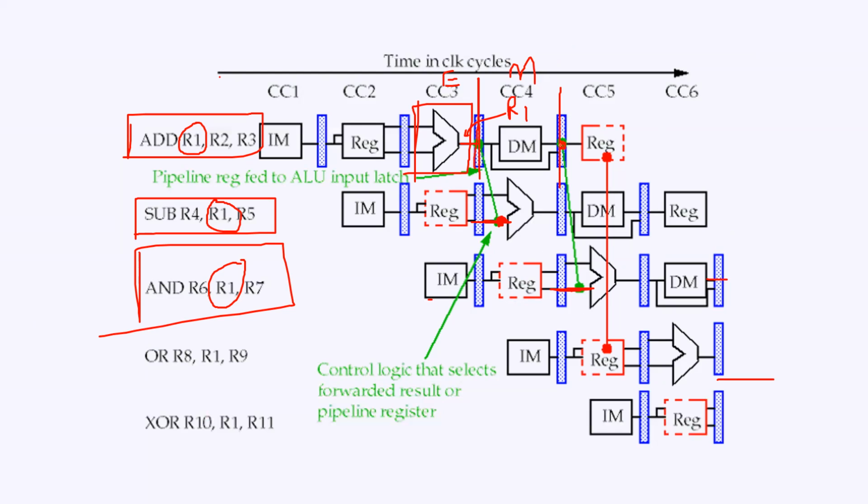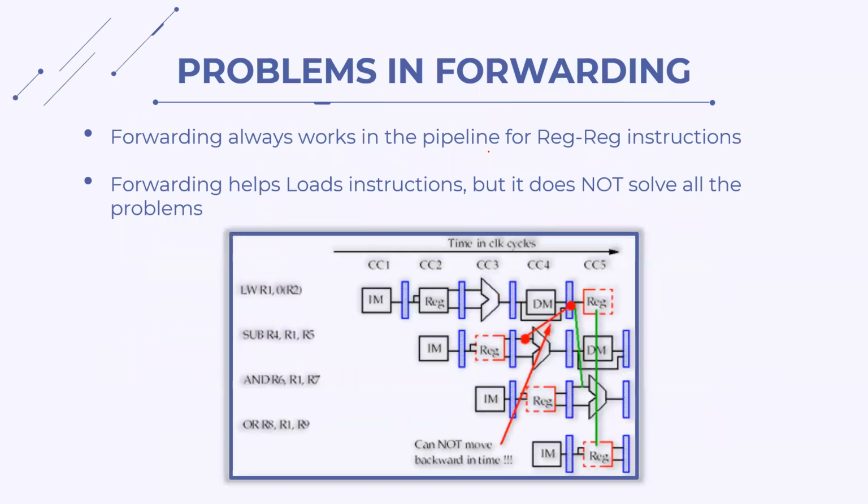So what we have to do is give it from the memory write back register to the ALU input directly. And if you consider this OR statement, it is needed here, but before that stage, write back will happen. So we can directly get it in the decode stage also.